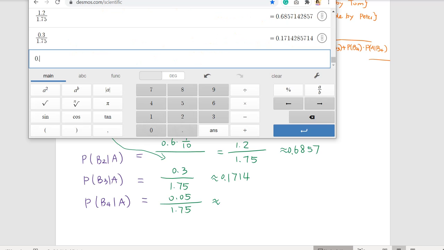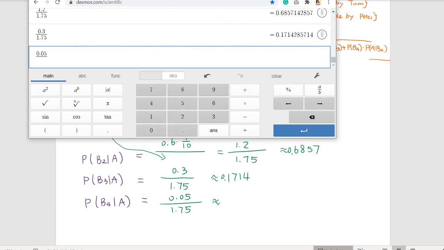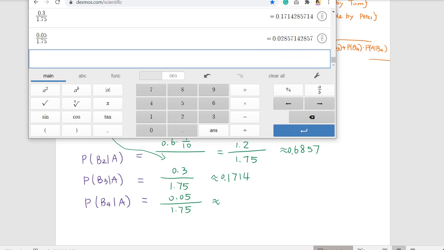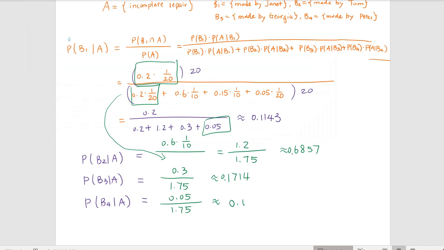Last guy, 0.05 divided by 1.75 is 0.02857. Okay, so if you have some zeros, I hope you can get 4 significant figures. Okay, so this is the answer.